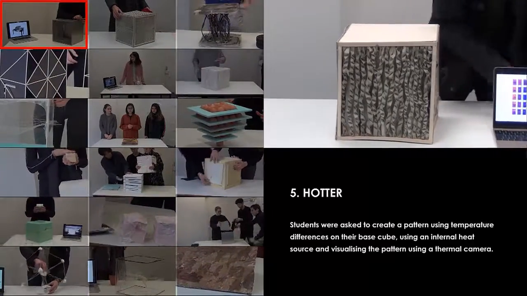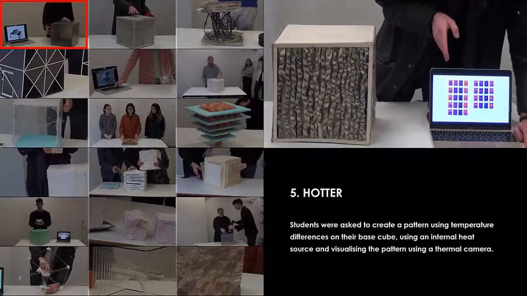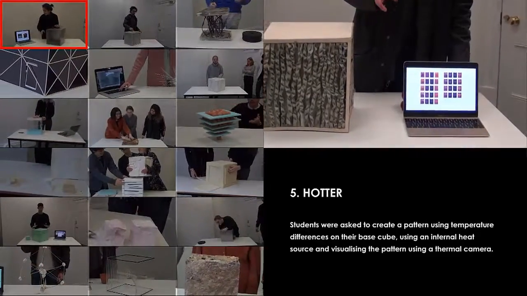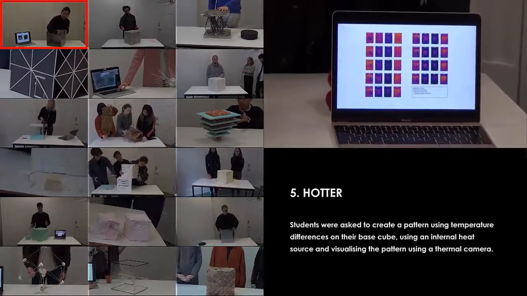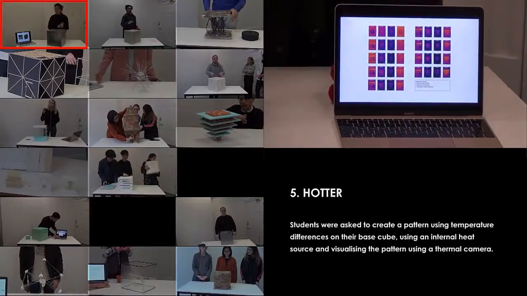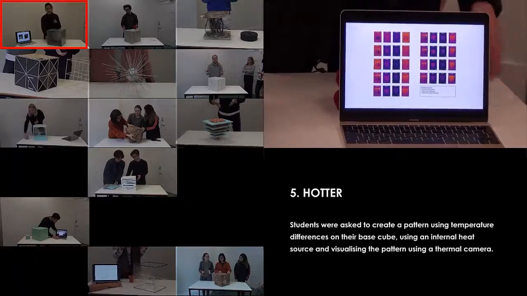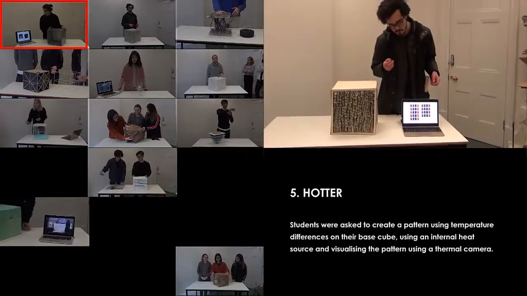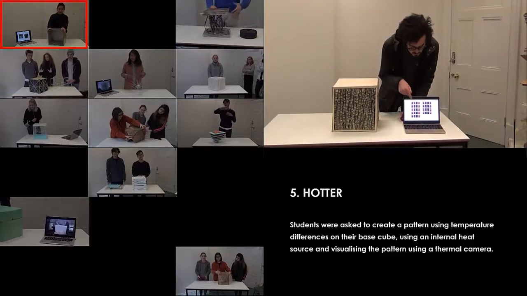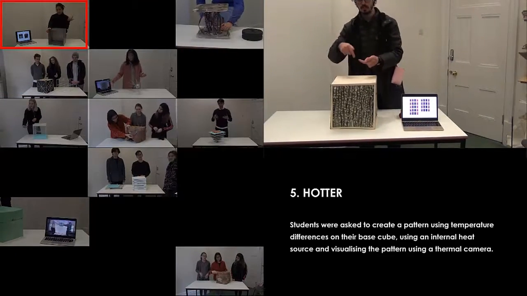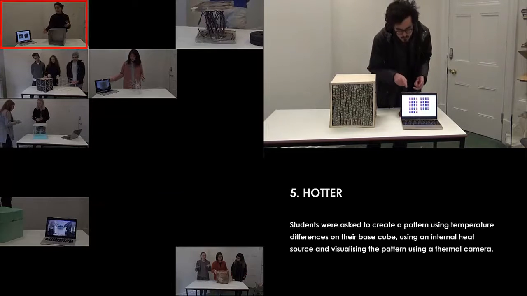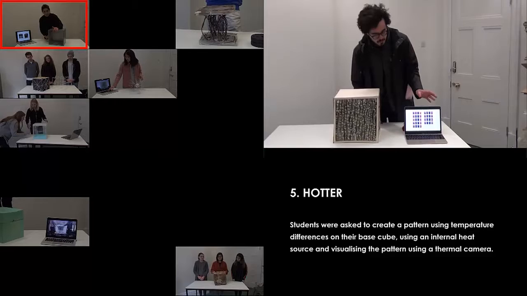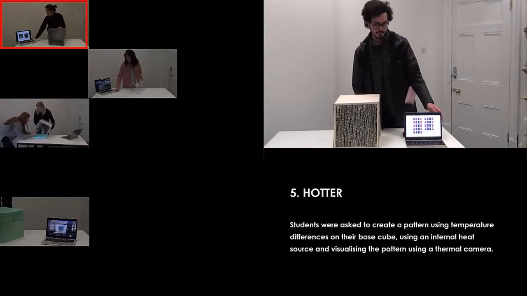And we created these images that show a visual pattern of how the thickness of the weaving correlates to the temperature, or the heat that is allowed through, and from the center heat source there was a pot with a candle inside. So you can see that as we turn the cube, the thicker and thinner sides show more or less insulation, and it's quite clear in this visual pattern.